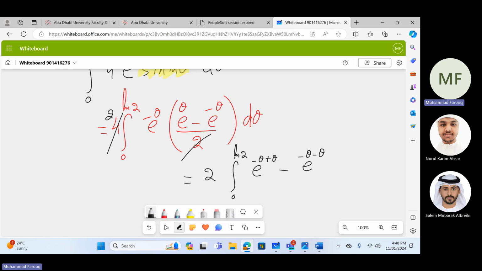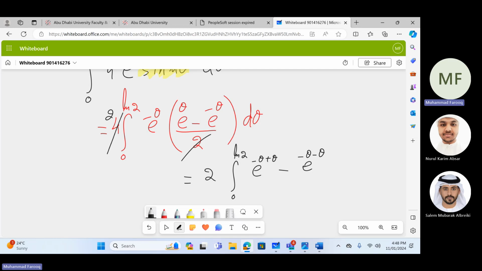So this is the output. When I multiply this by this and this by this, I got this answer. Do you understand? Is that clear? We simply multiply this by this and this by this. When you multiply the same base, powers add.